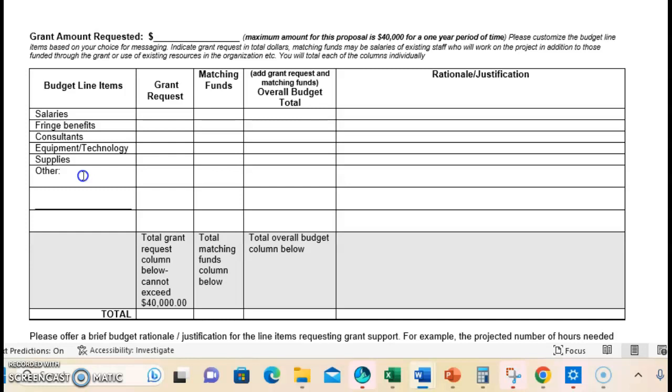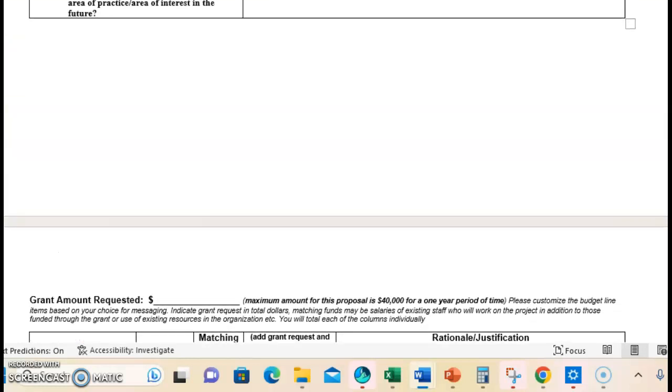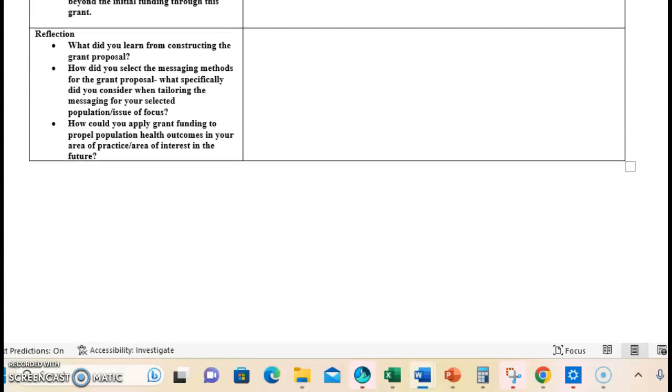What amount may be spent on salaries, consultants, equipment? Because if you plan on creating a brochure or a pamphlet or something to that effect, we know that there are costs associated with printing, paper, etc. And then maybe a graphic designer may need to come into play.